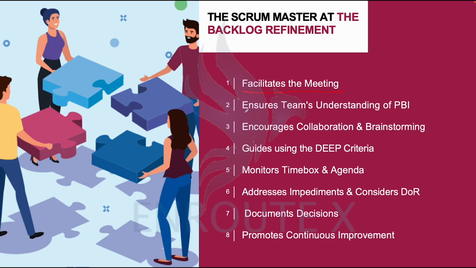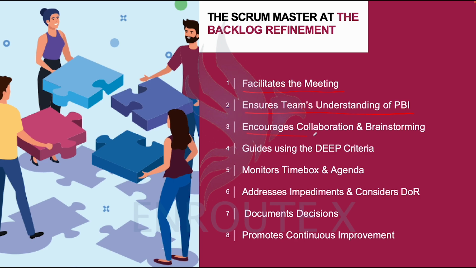The Scrum Master also ensures that the team understands the product backlog items. That means there should be clarity on what needs to be developed. From the backlog refinement meeting, the developers begin to have a clearer understanding of what needs to be developed.